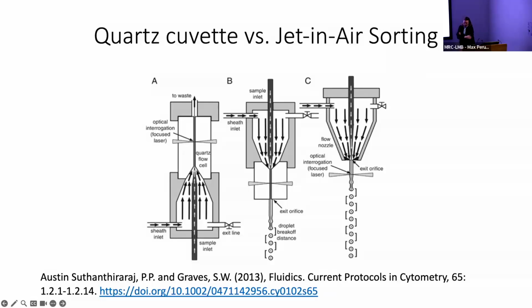But there is a flow chamber above, which is vibrated by means of a piezoelectric transducer. We can alter the frequency of that transducer, typically between 20 and 90 kilohertz. And this vibration causes the fluid emerging from the nozzle, which can be of various sizes, to break up into droplets.